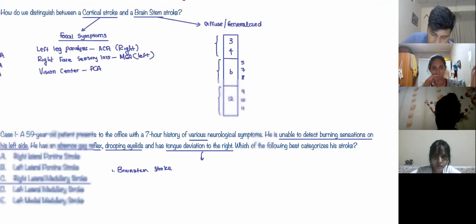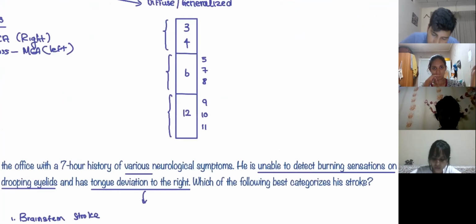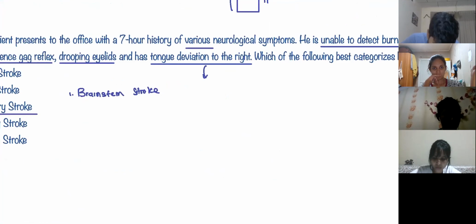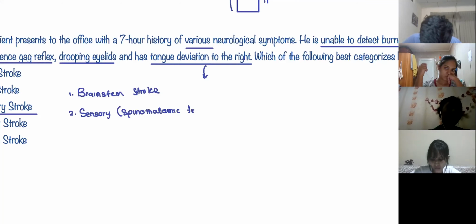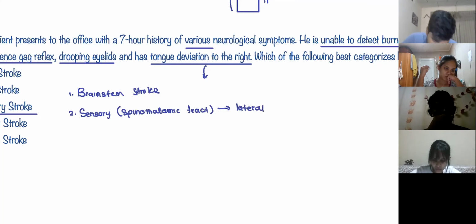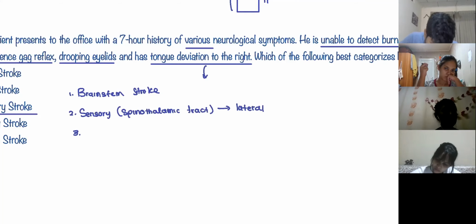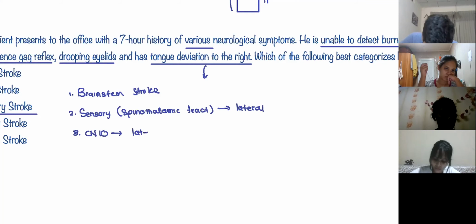If you didn't delete this, just keep it. If you did delete it, it's fine. Sensory, that is the spinothalamic tract, is lateral. Cranial nerve 10 is lateral in the medulla.